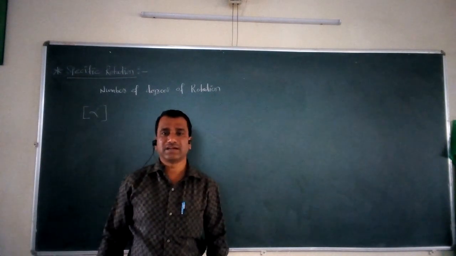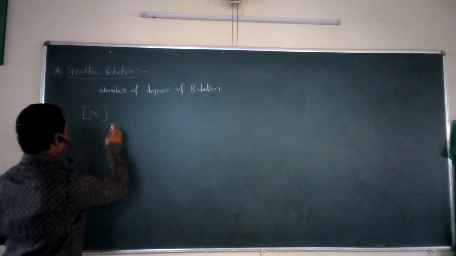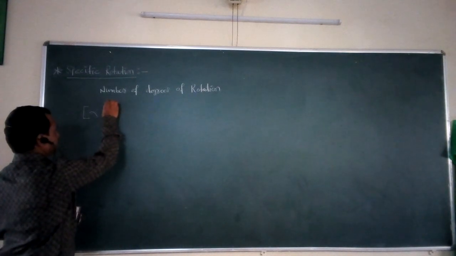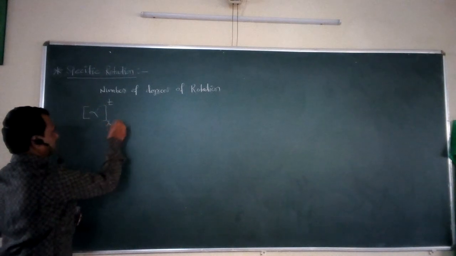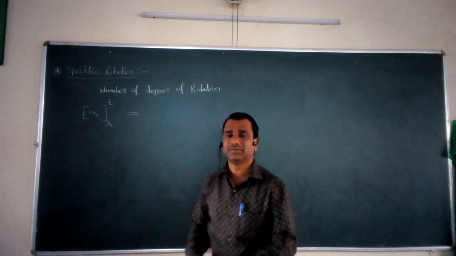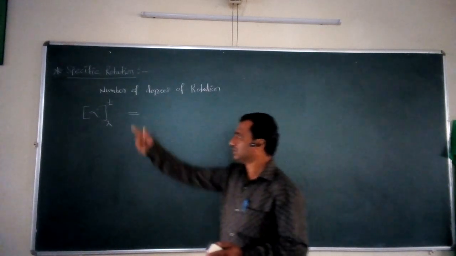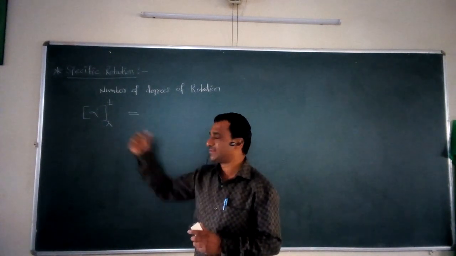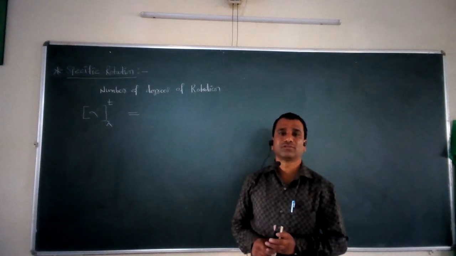This alpha stands for specific rotation with respect to a particular temperature as well as a particular wavelength, the wavelength of the monochromatic light.